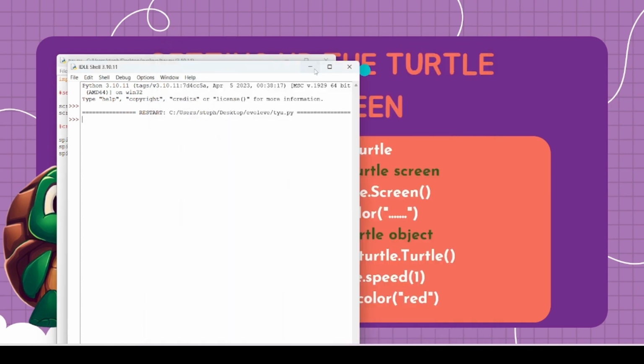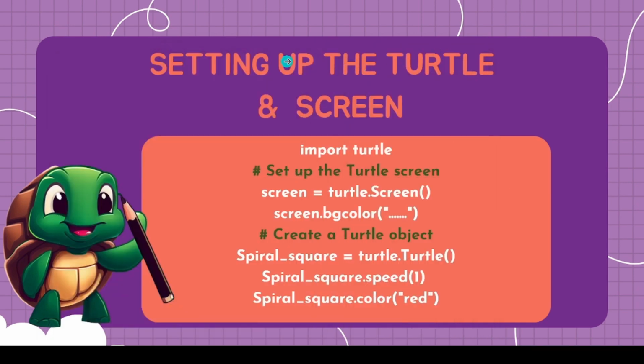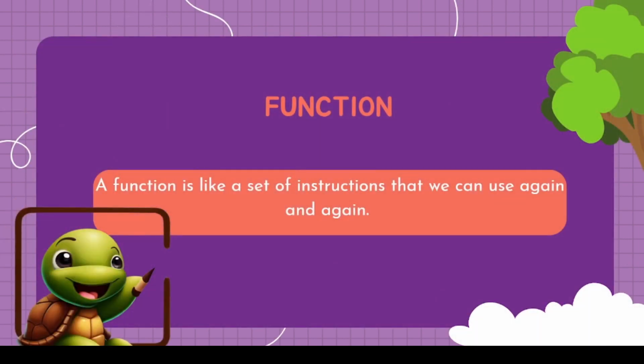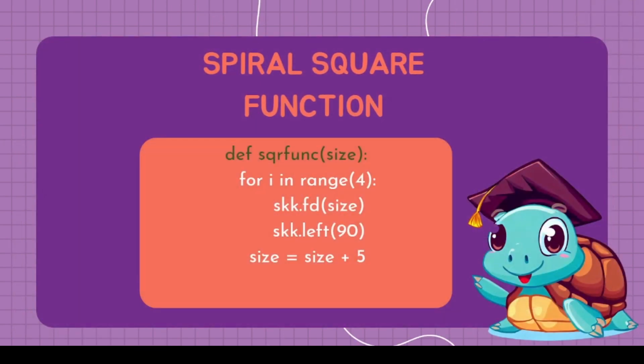Next, we need to draw the squares. So, now comes the fun part. We will use a special set of instructions, a function, to make turtle draw squares of increasing size, making them look like a spiral. A function is like a set of instructions that we can use again and again. So in this video, we are going to use the spiral square function.